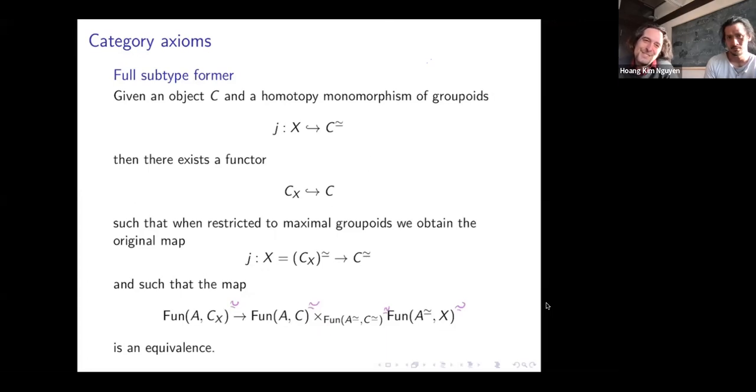Since you mentioned complete Segal spaces, you are showing that for every object you get an associated Segal object. Yes. Can you also prove from the axioms that you already have that it is a complete Segal object? Yes. In fact, it is a reformulation of the axioms.